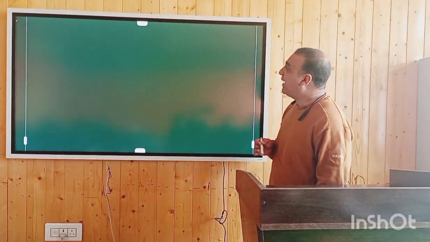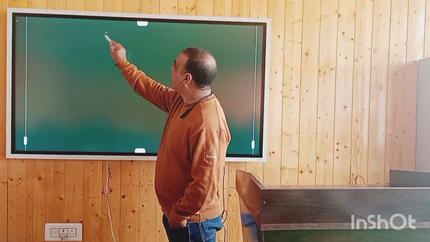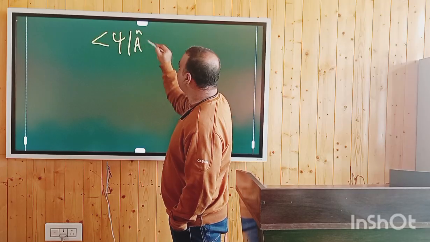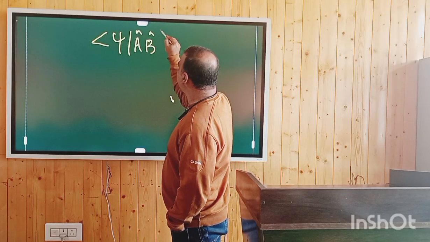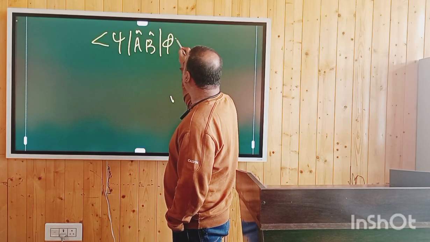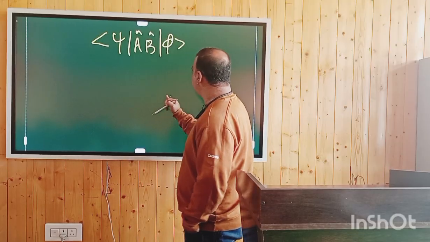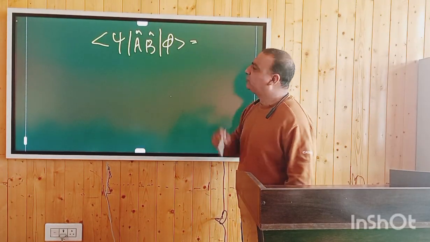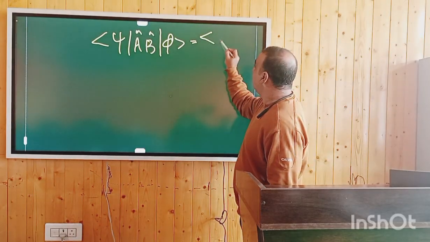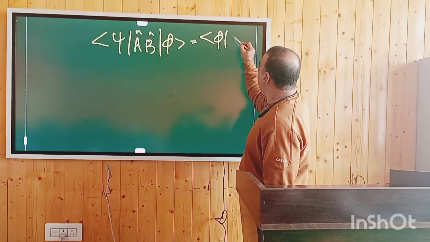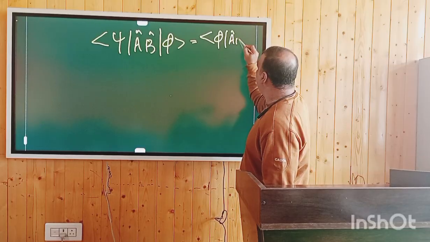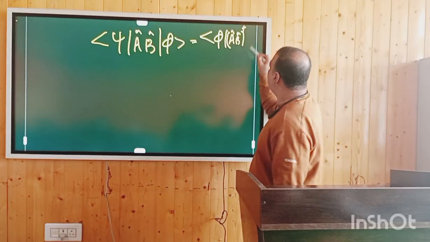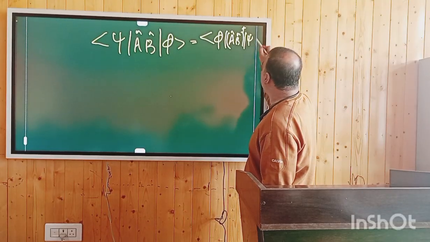So for this, suppose I have a state like this: bra psi, A cap, B cap, ket phi. Is this clear? And this will be equal to bra phi, A cap B cap whole raised dagger, and then ket psi.